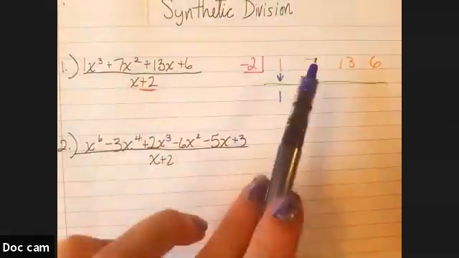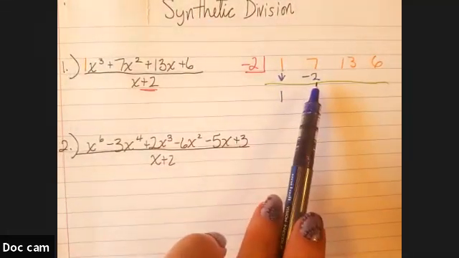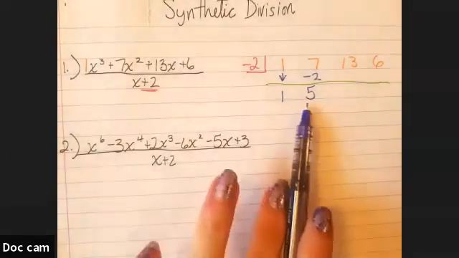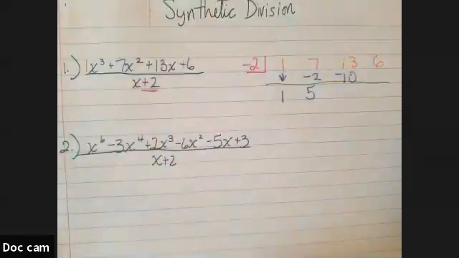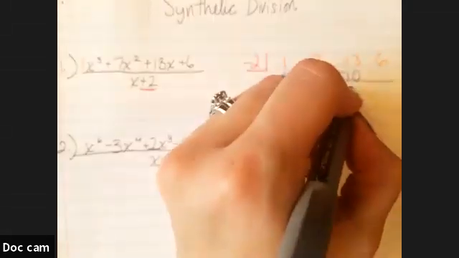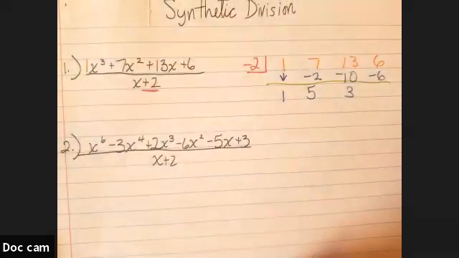Then you're basically adding, but since it's negative, it's like you're subtracting. So 7 minus 2 is 5. And then 5 times -2 would be -10, goes right under the 13. 13 minus 10 is 3. 3 times -2 is -6. And then 6 minus 6 is 0.